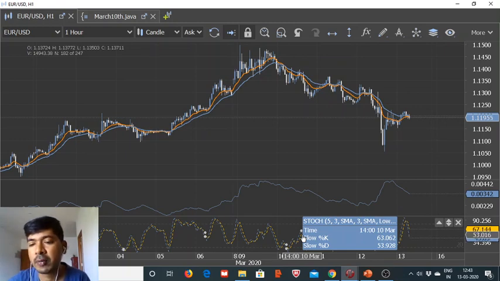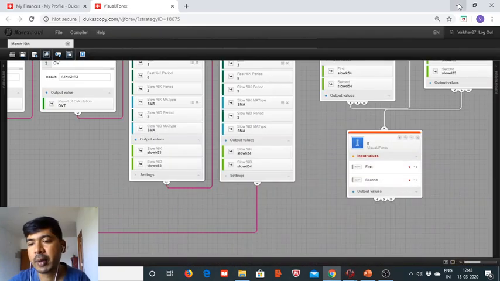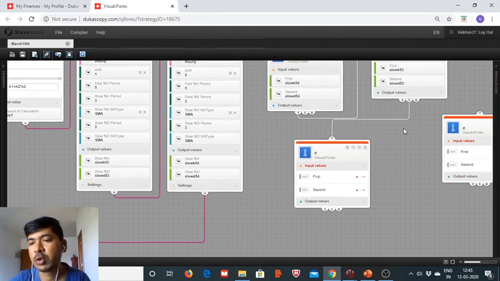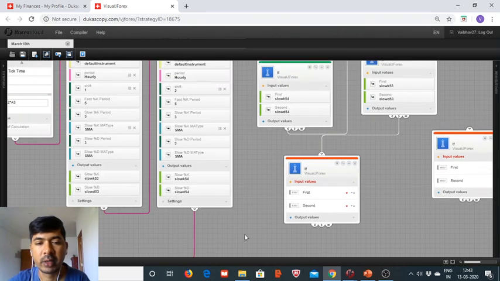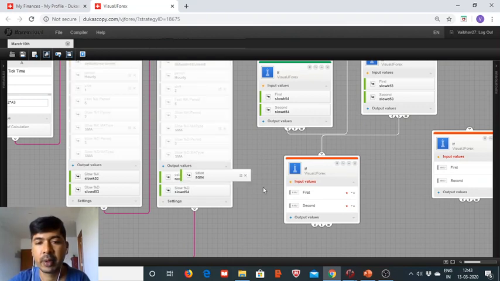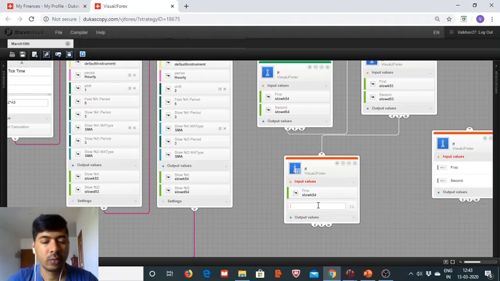So I think we will use this shift 2 to compare the prior values to make sure that enough of retracement is there, and for that shift 2 should be good enough, that is 2 candle periods back. So we compare the k value to be above, no sorry, below 50.